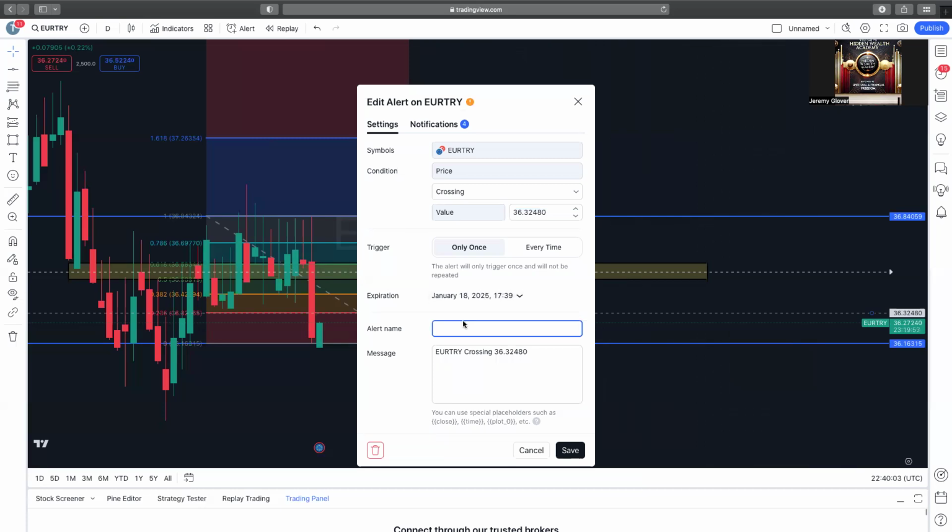This is the 23% retracement zone, so we want to look for a sell at this zone.